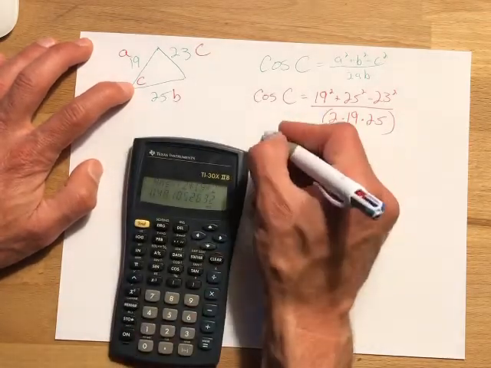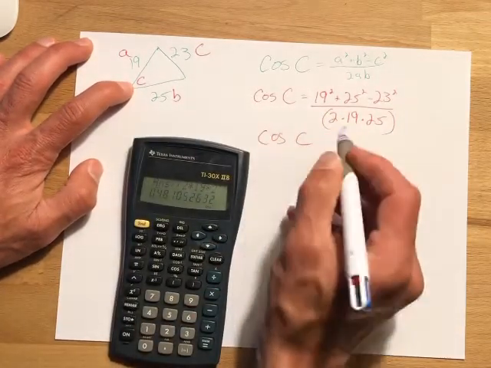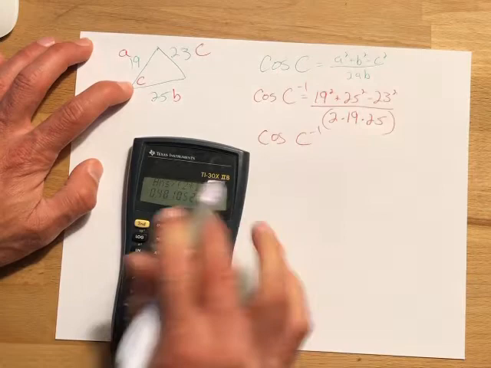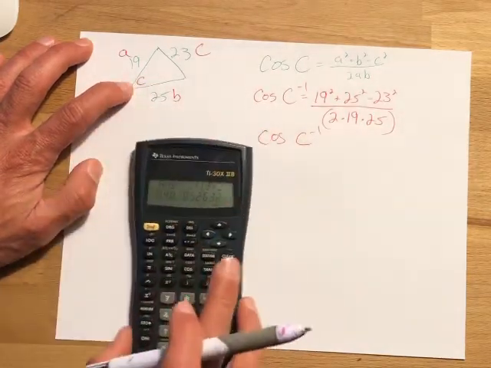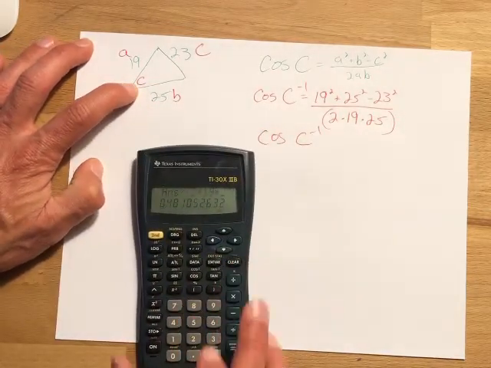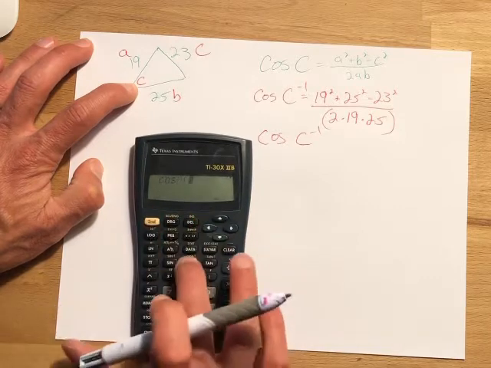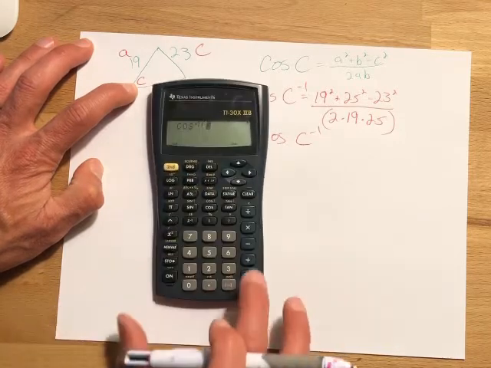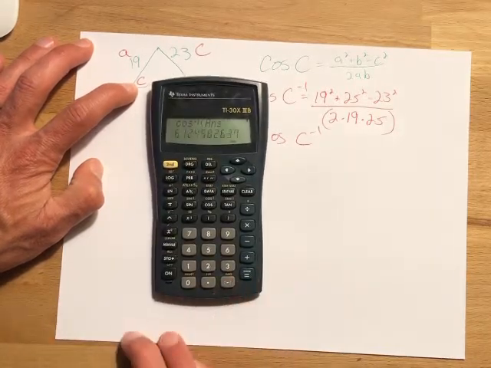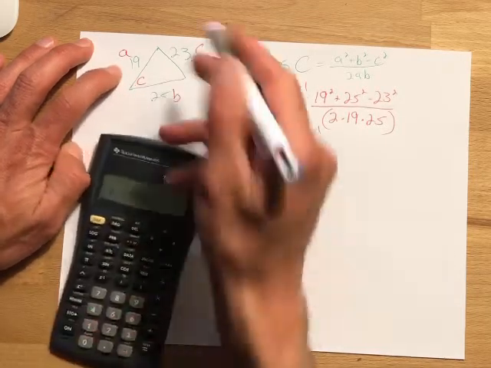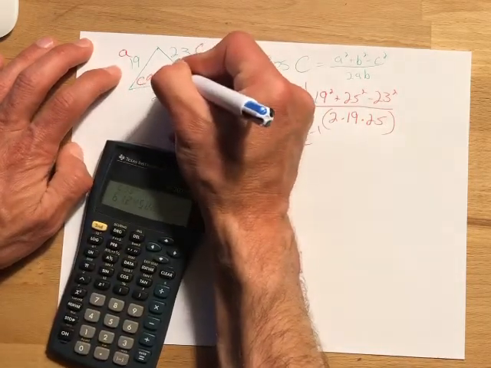But look, I have cosine of angle C. Remember, you do the inverse of this whenever you're using trig. Inverse cosine to find this angle. So I'm going to go inverse cosine of whatever the answer was, and it's going to spit out approximately 61 degrees.